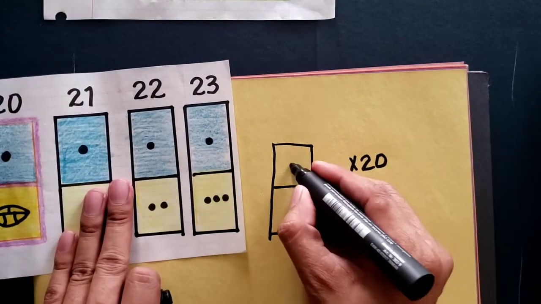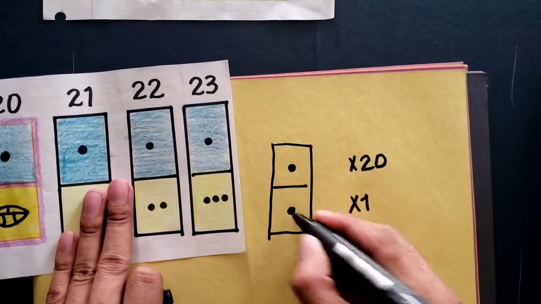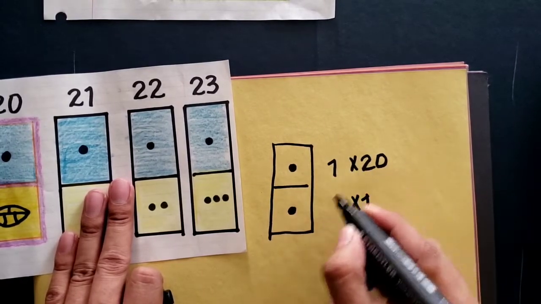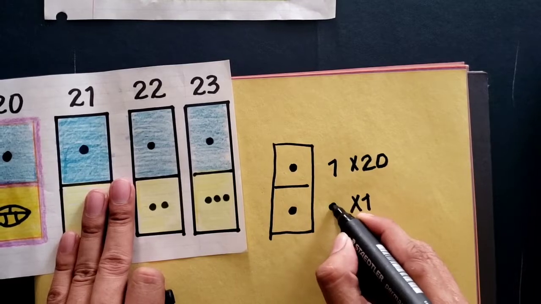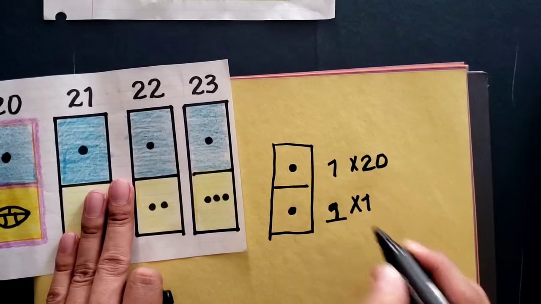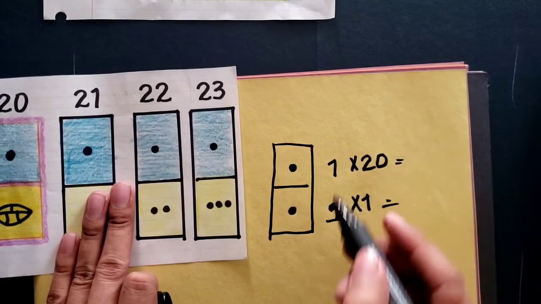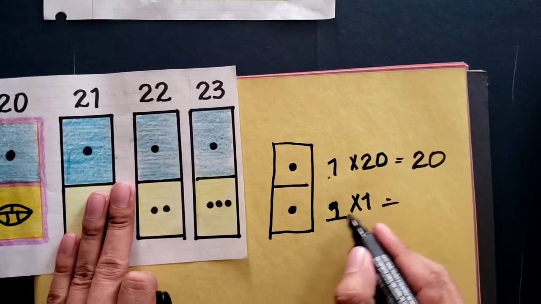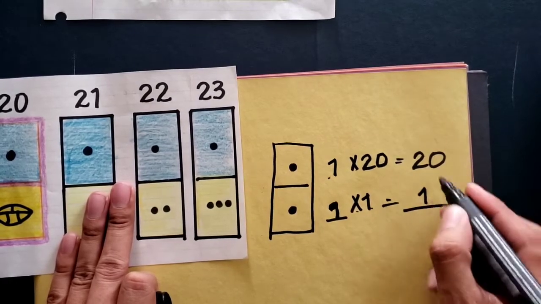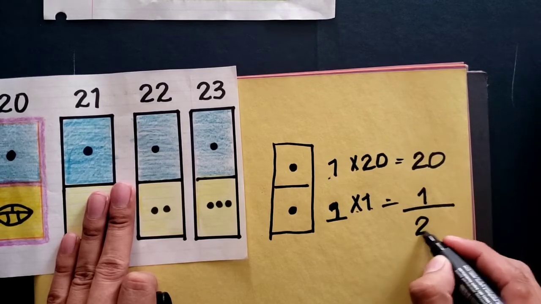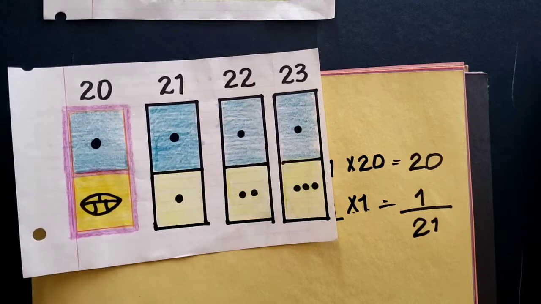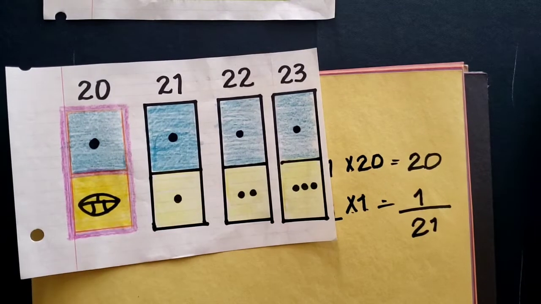If I have a dot here and a dot here, what number do I have here? 1. And here? 1. Oh, I'm becoming Mayan. 1 times 20, 20. 1 times 1, 1. 20 plus 1, 21. And because of that, you write 21 in Mayan like this.